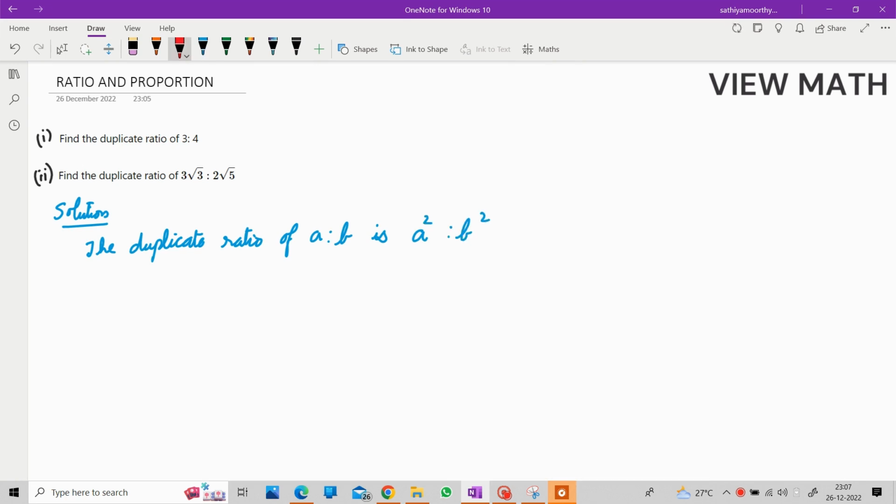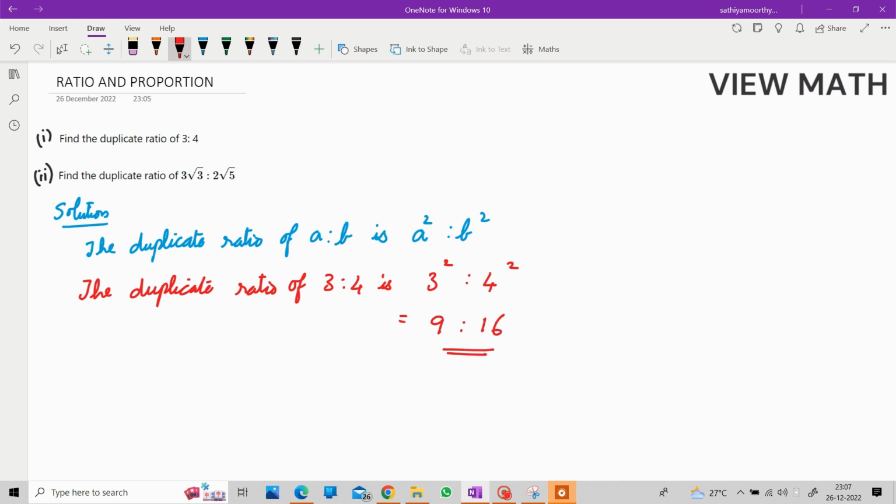I am going to use this to find the duplicate ratio of 3:4, which is 3 square is to 4 square. So this is equal to 3 square is 9 is to 4 square is 16. This is the duplicate ratio.